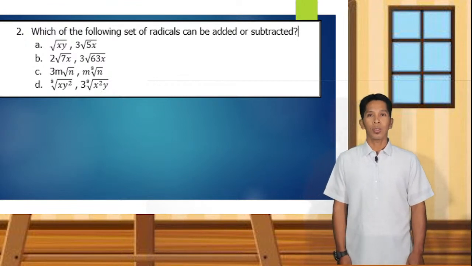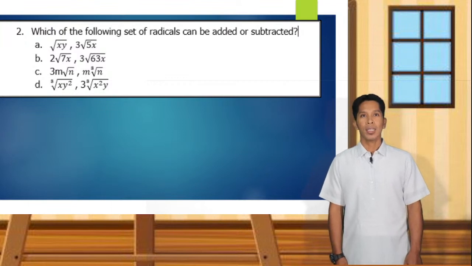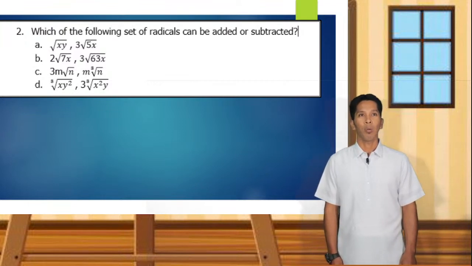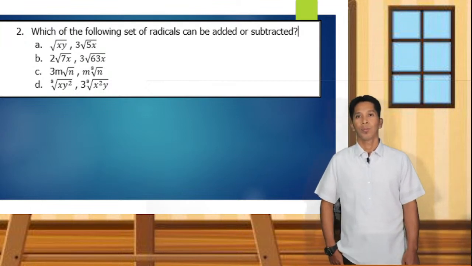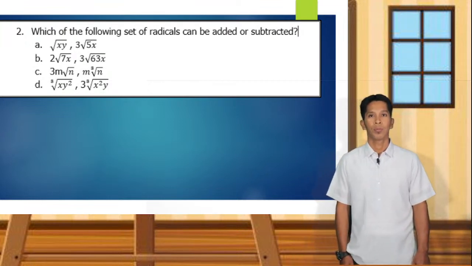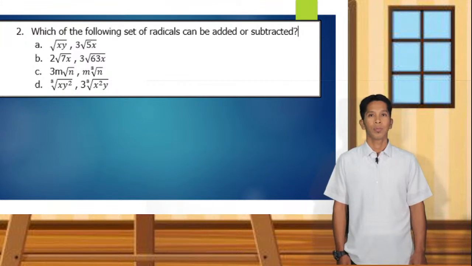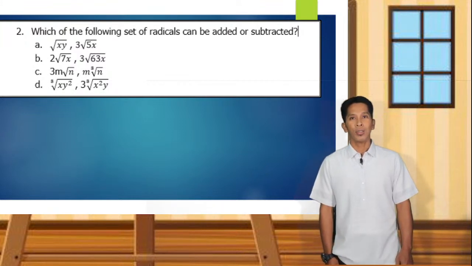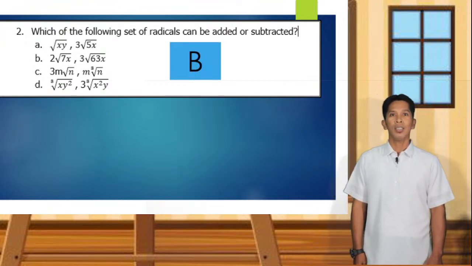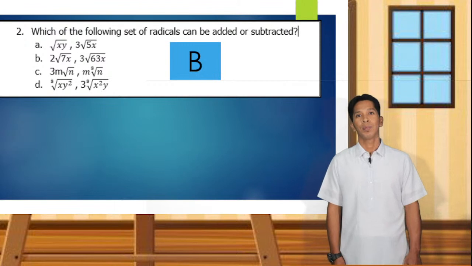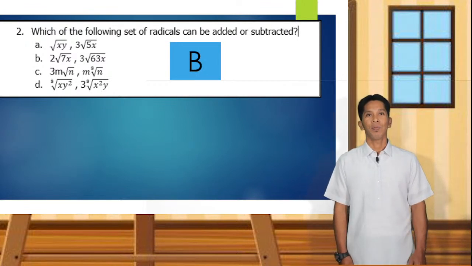D, cube root of xy squared and 3 times the cube root of x squared y. So in this question, the correct answer is letter B. Let's have the third one.